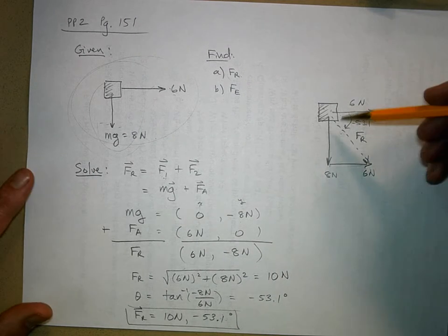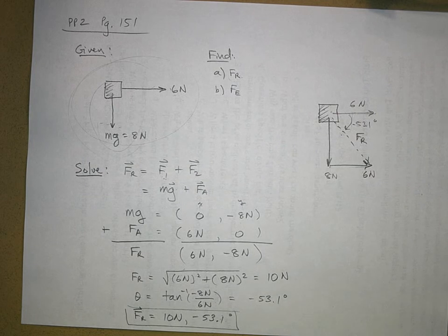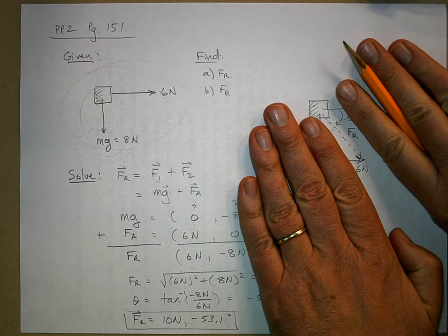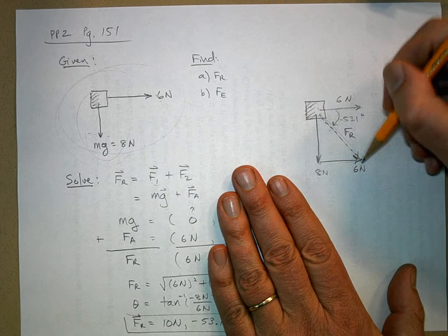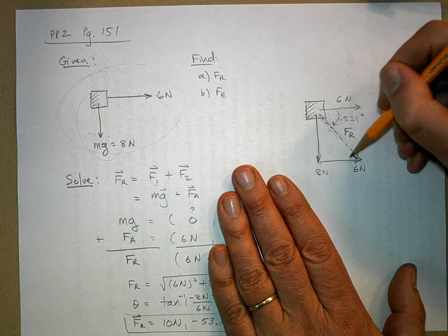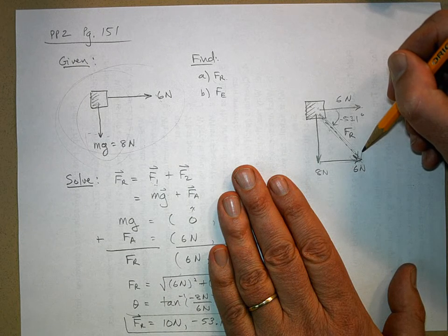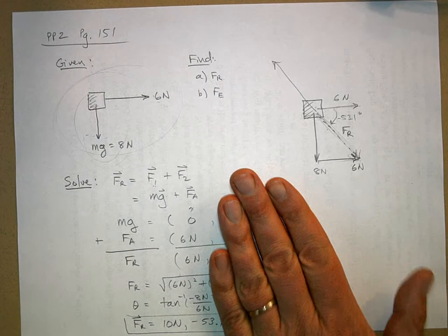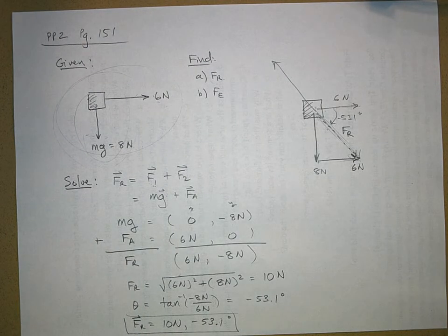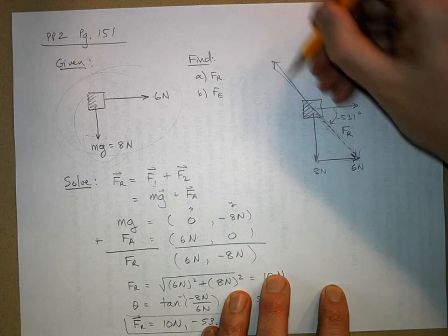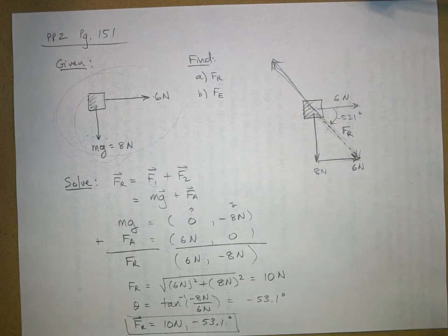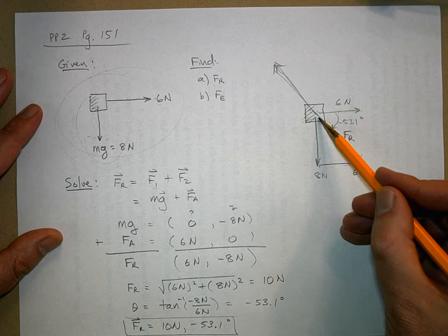Now, this is the result of these two forces. What do I have to do to cancel them out, to keep this object in equilibrium? If I want to apply one force that's going to cancel this resultant force out, what do I do? Pull in the opposite direction. So I just need one force that goes like that. It's the same magnitude.